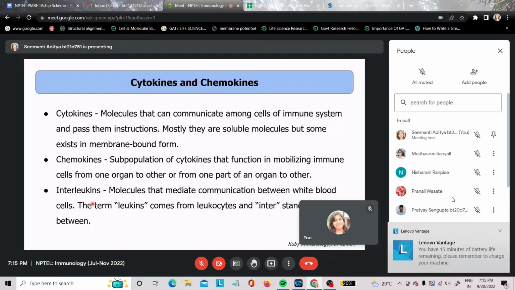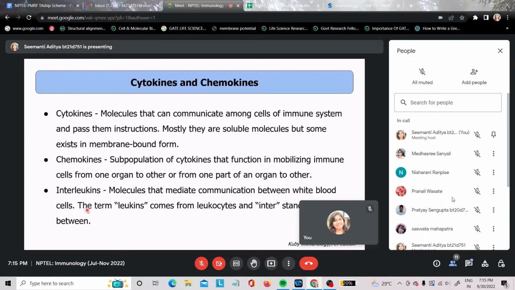And what are interleukins? Interleukins are also a part of cytokines, and these interleukins were the first molecules that were discovered when immunologists were studying how the immune cells mediate communication. Interleukins were the first molecules that were isolated, and they mediate communication between the white blood cells, the WBCs.